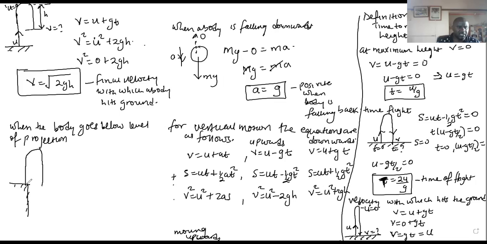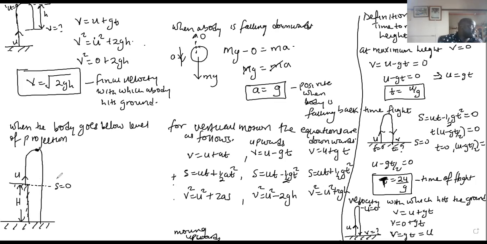Then it went and came down like this to come and meet the ground. Where it is projected from may have a height, capital H, and the particle is being projected at the speed U. It will first come and meet this level of projection.